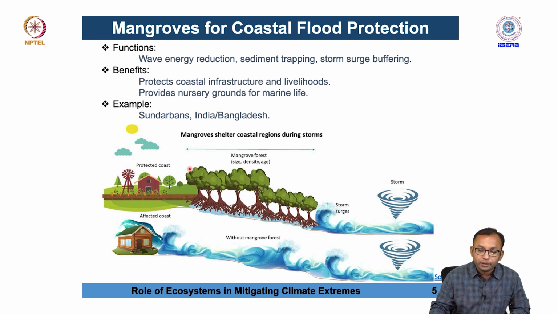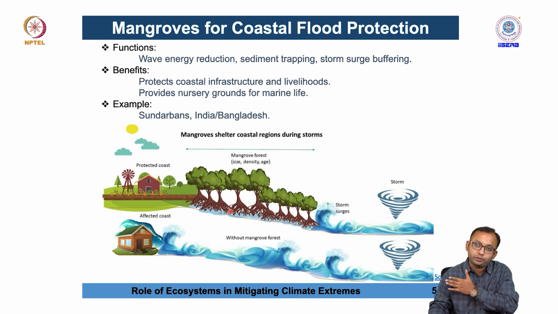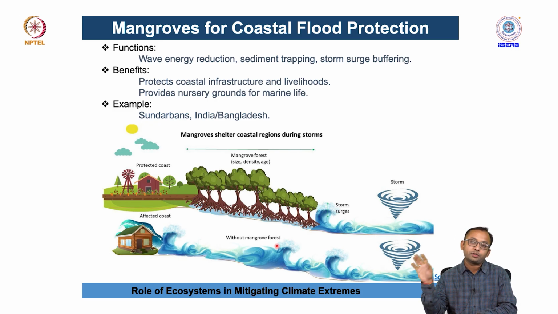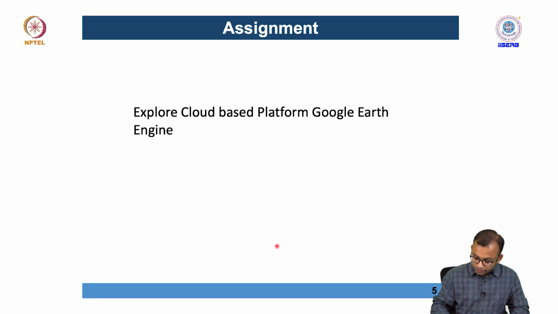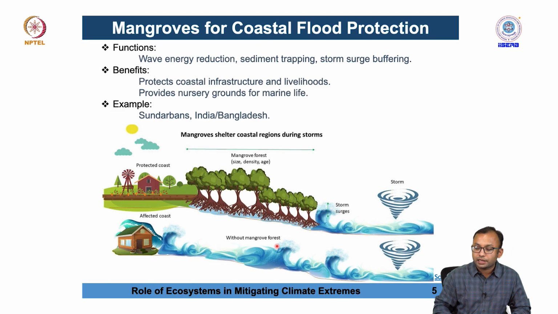Mangrove forests provide shelter, reduce velocity, and act as barriers. Therefore it is very important to have those biodiversity regions near the coast, so that we can be saved from storm surges or floods without much loss. We talked about this in the previous lectures.